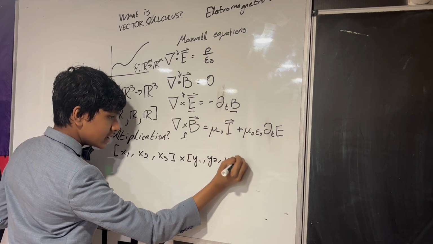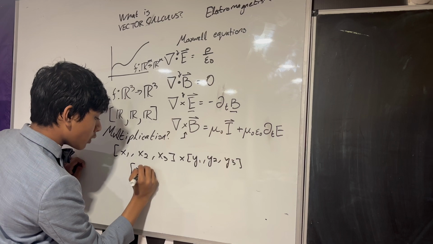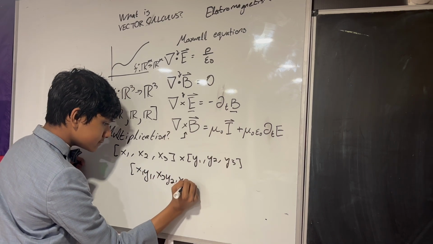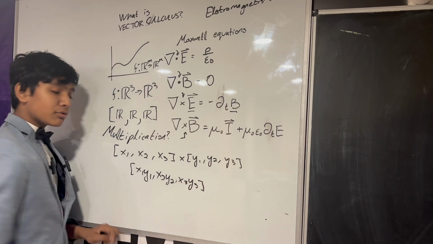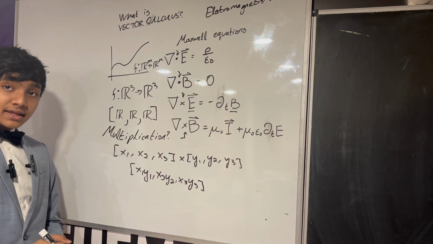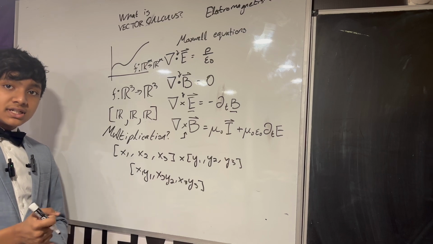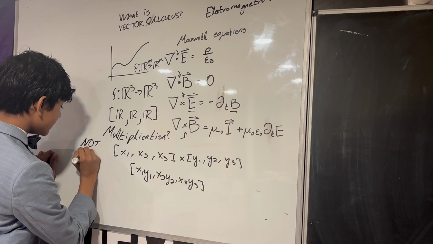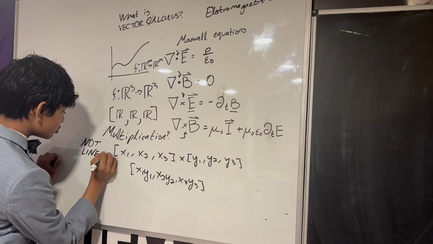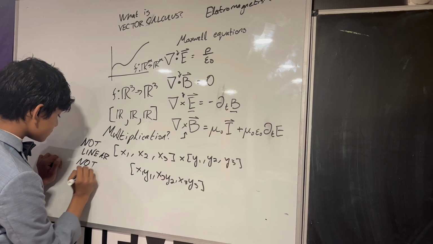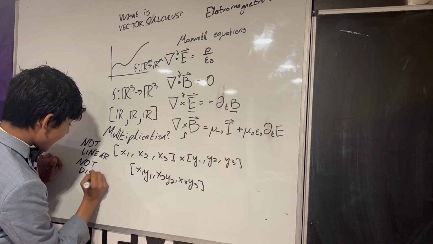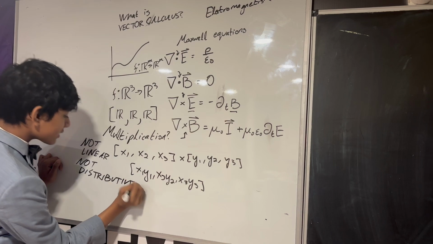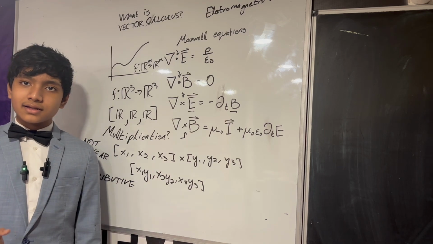Well, that should just be equal to x1y1, x2y2, x3y3, right? Now, this does satisfy commutativity, and this does satisfy associativity, but it's not linear. And even worse, it's not distributive.